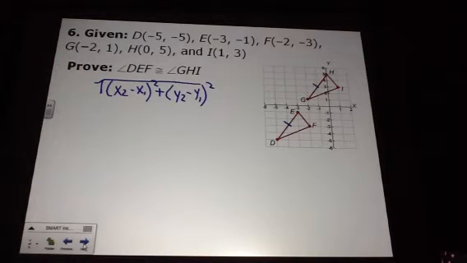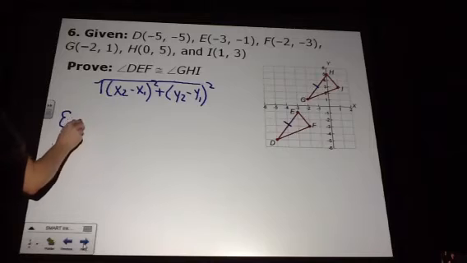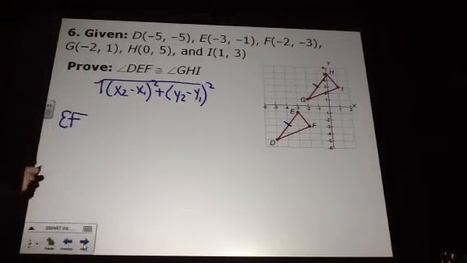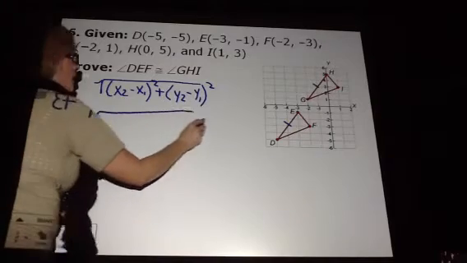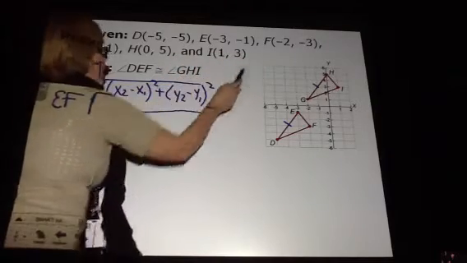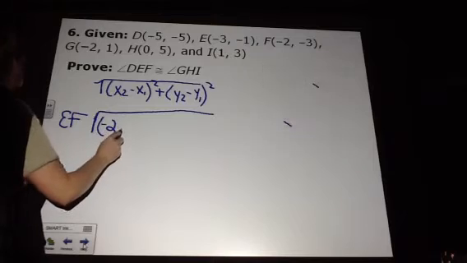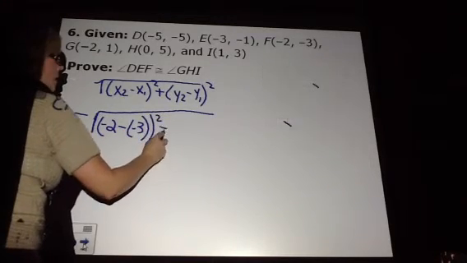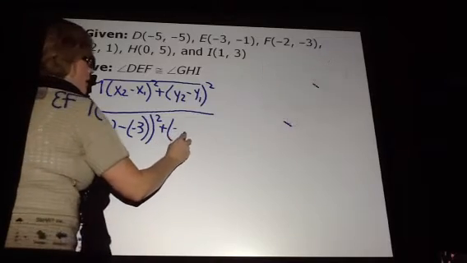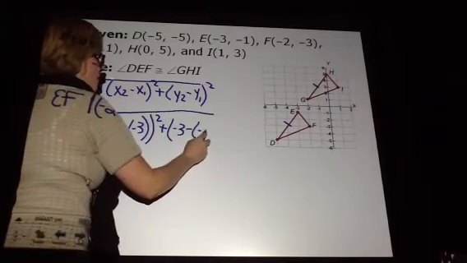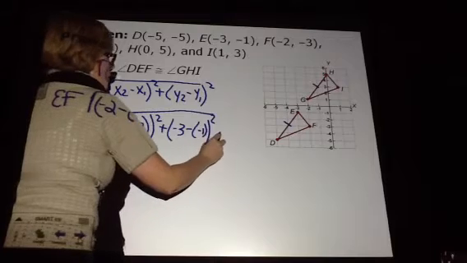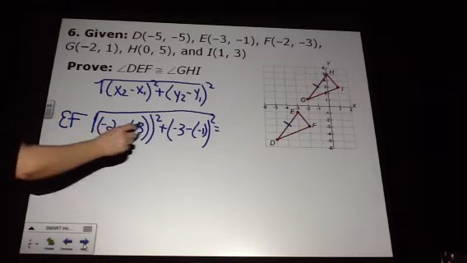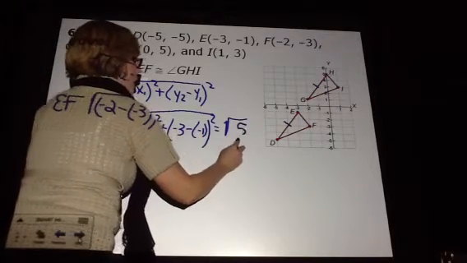Okay, so let's look at EF. EF corresponds with HI. So EF, -2 minus -3 squared plus -3 minus -1 squared. And when you simplify that, you're going to get the square root of 5.